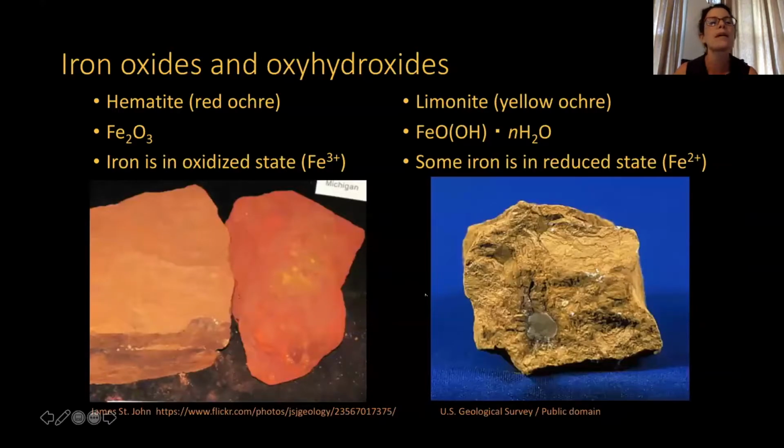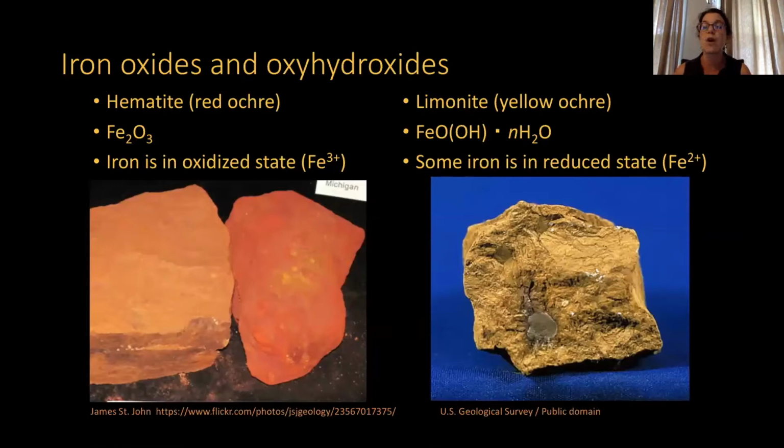Move forward there. So on the left here, we have some examples of the red ochre hematite. Again, this is Fe2O3. It has iron in its fully oxidized state, so iron 3+. Whereas on the right side, we have an example of limonite. Limonite is a yellow ochre.